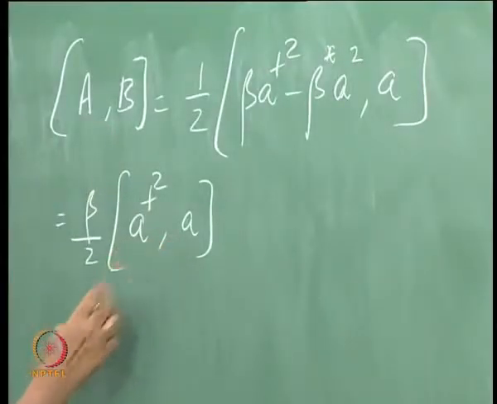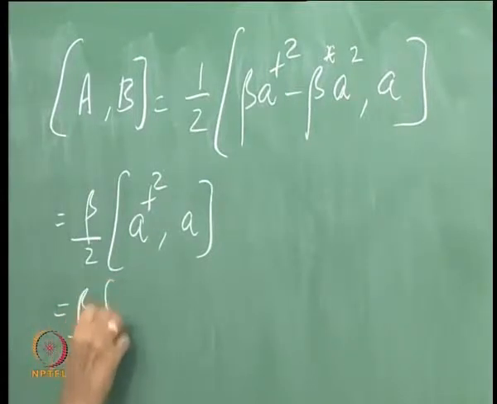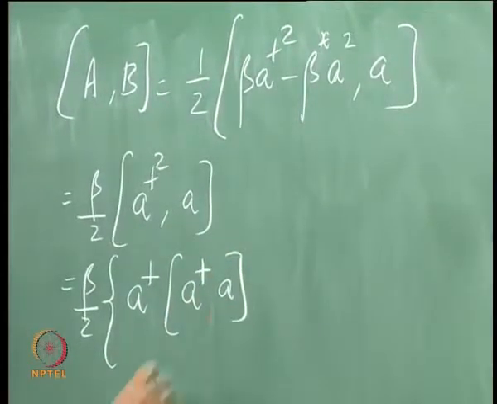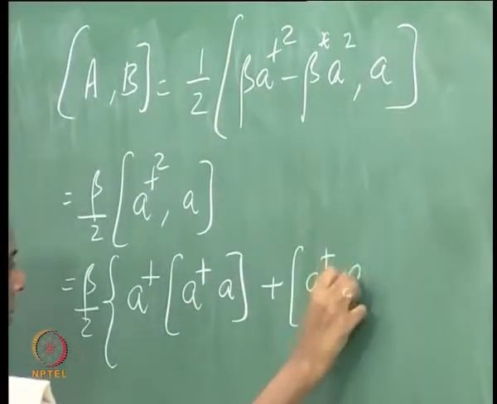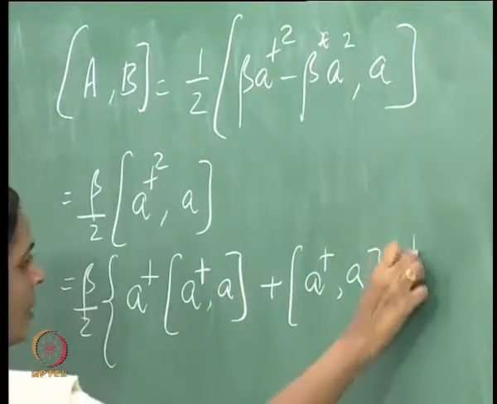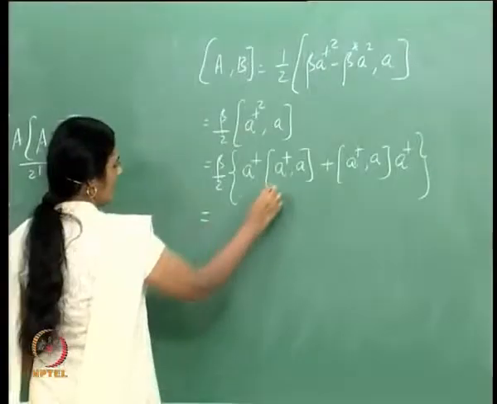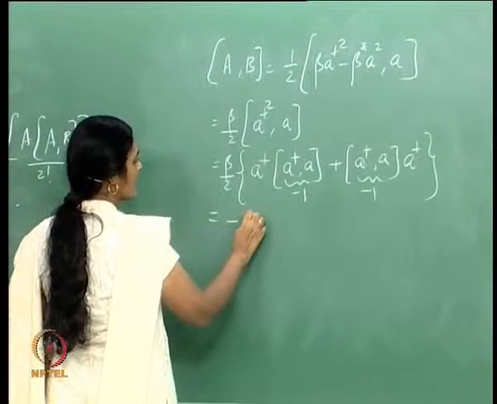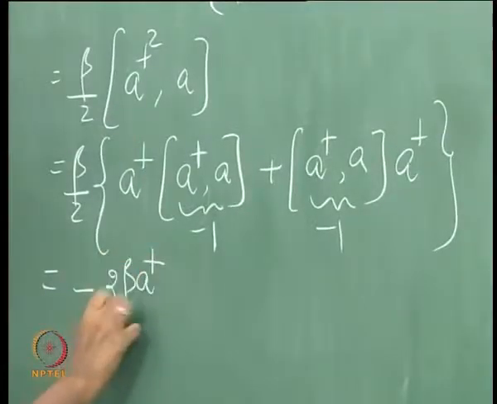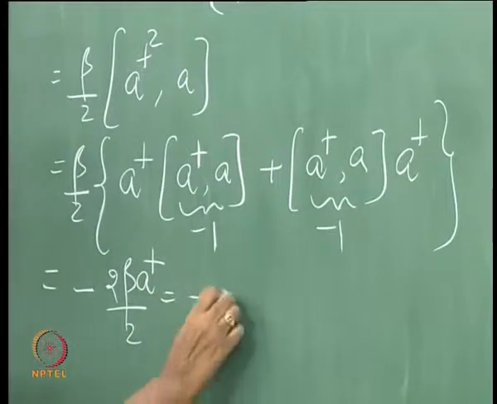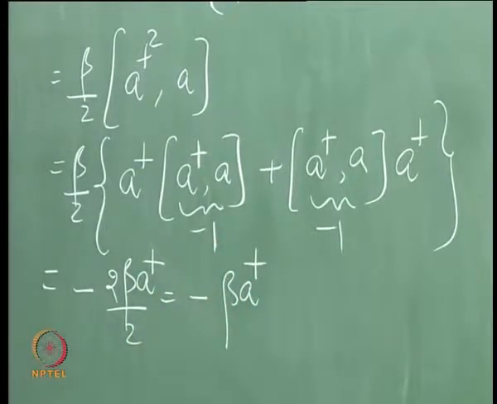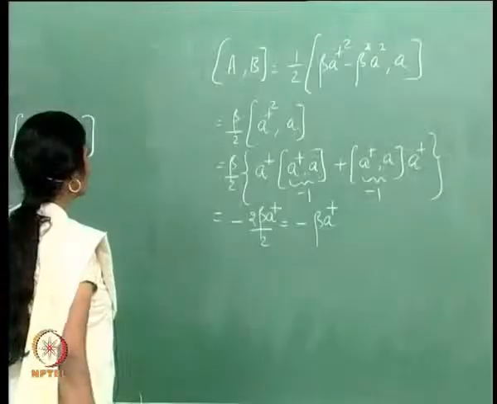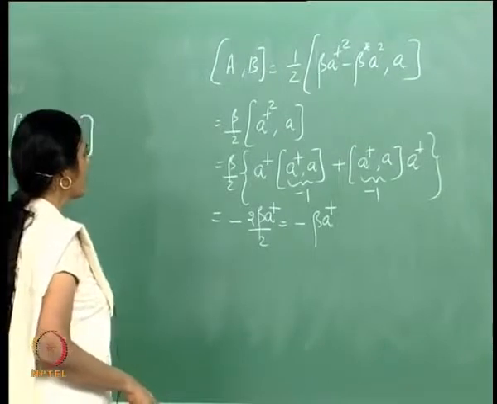I use the ABC rule here. So, that is beta by 2 a dagger commutator of a dagger with A plus a dagger a commutator with a dagger. Now, a dagger a commutator is minus 1, and therefore, this is minus 2 beta a dagger by 2, which is equal to minus beta a dagger. So, this is what I have for the commutator of A with B.